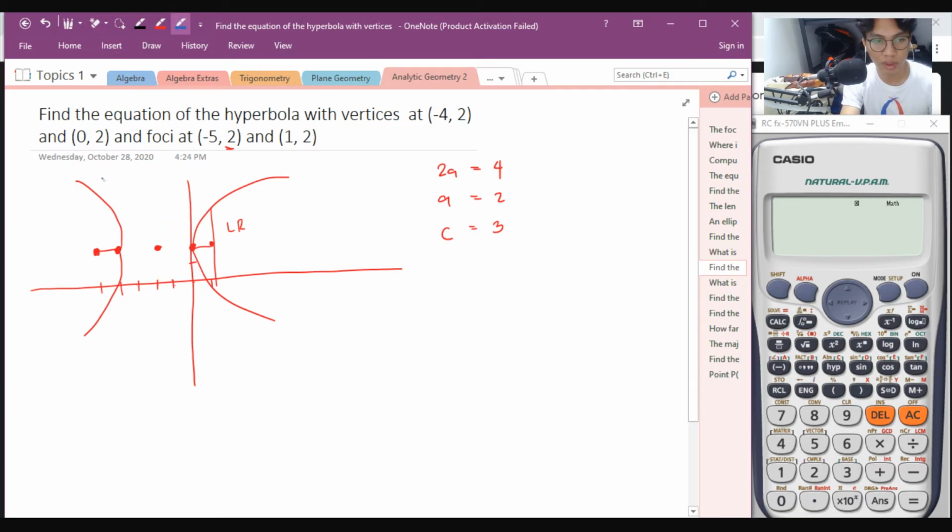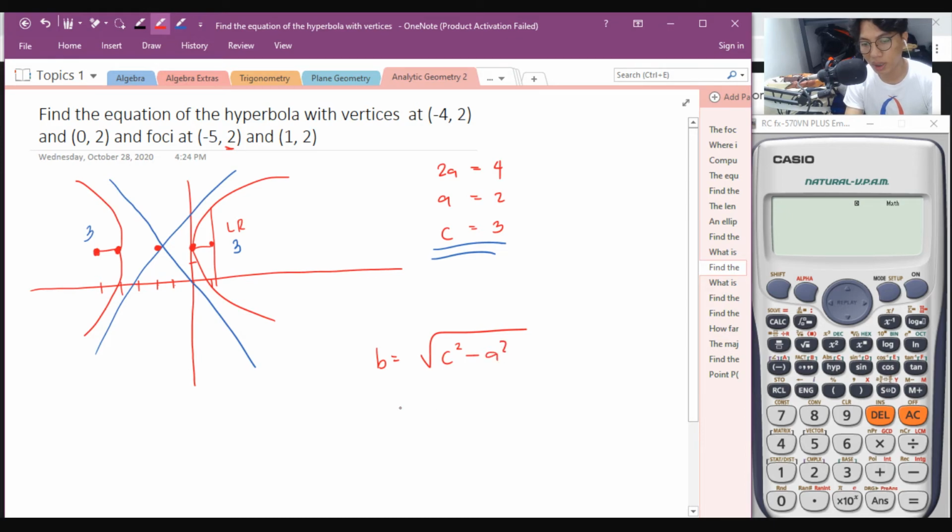Ilang units? 1, 2, 3. 3 units yung focus. Ibig sabihin, the focal length is 3. Now, we have to find B. By general equation, B is equal to square root ng C squared minus A squared, mas malaki yung C. Square root ng 9 minus 4. Ibig sabihin, square root of 5 ang B.